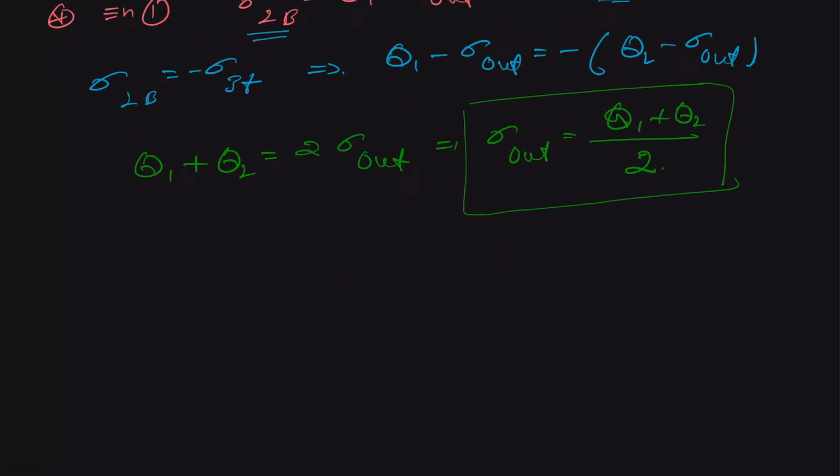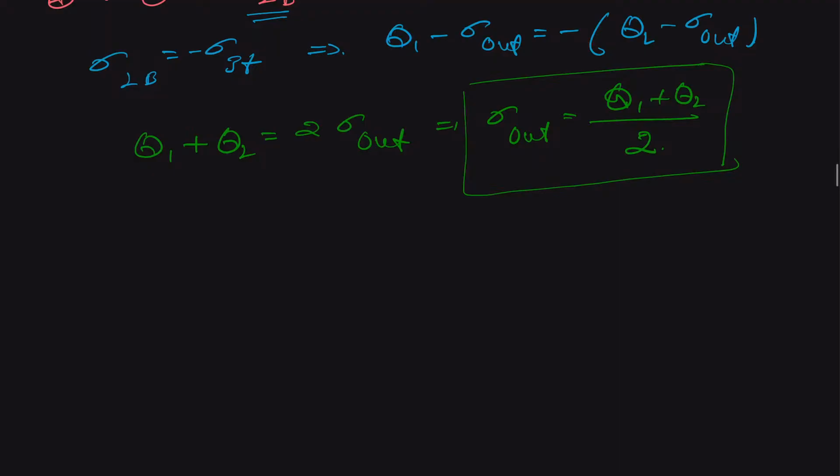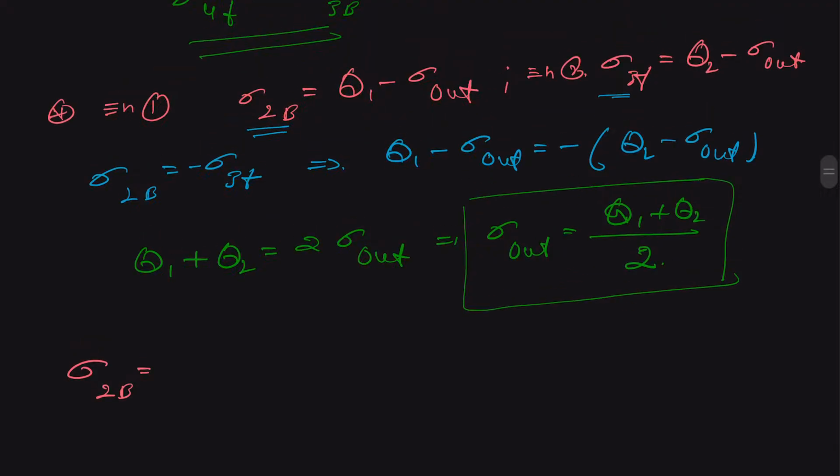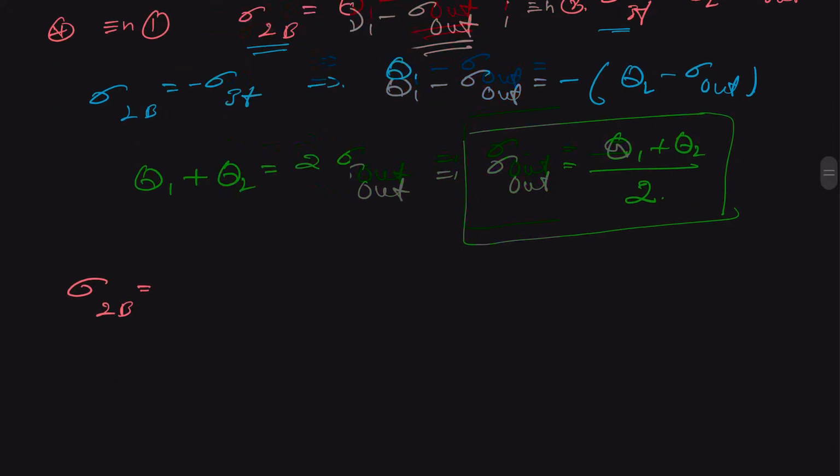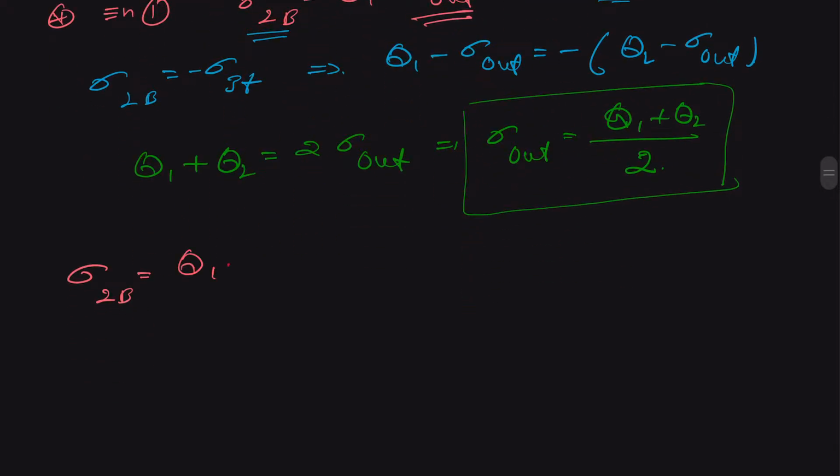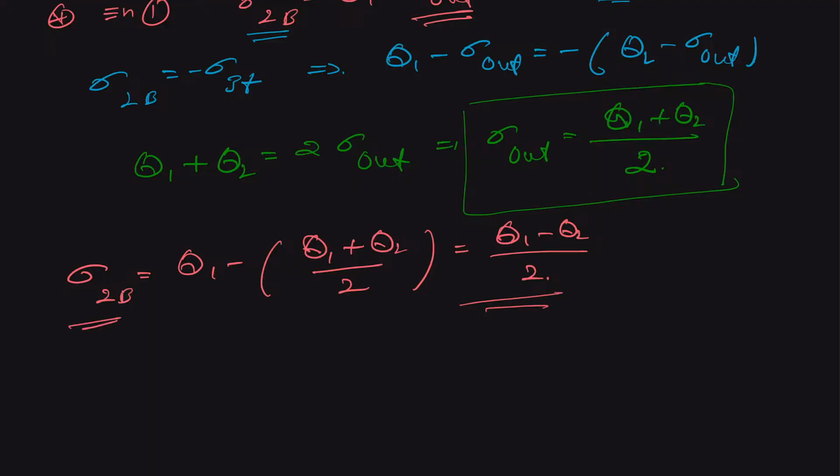We have to find out the many parts of it, and we can also write the charge density for the second bottom by substituting this back here. So we get Q1 minus (Q1 plus Q2) upon 2, and this gives us (Q1 minus Q2) upon 2. So we got the charge density for our second bottom.